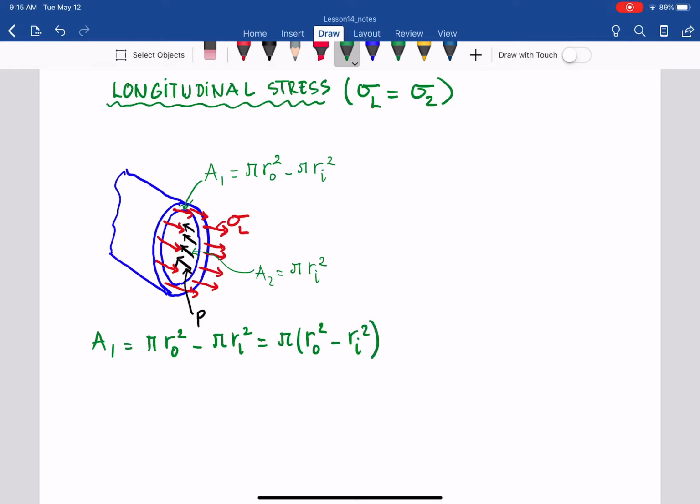And if you know that a squared minus b squared is equal to a plus b times a minus b, we apply it here: pi times Ro plus Ri times Ro minus Ri. So that's the algebra there.